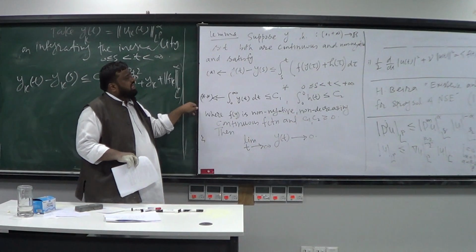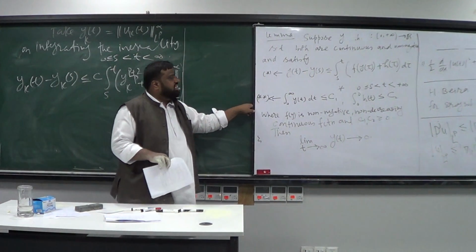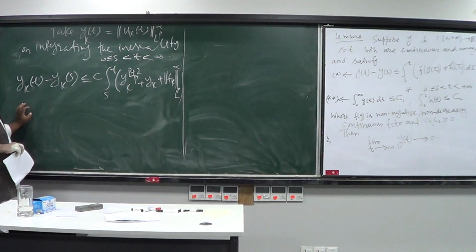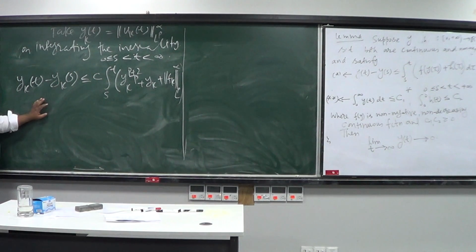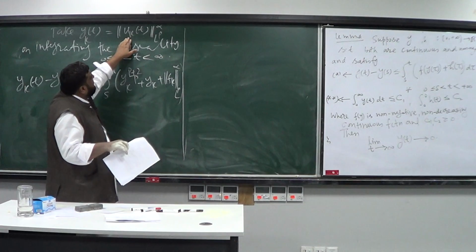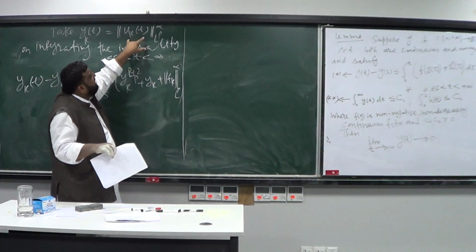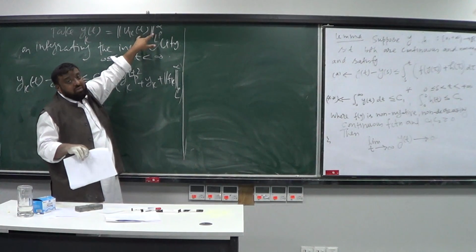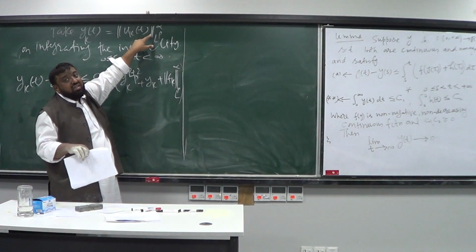Okay. And once you have this, what I would like to do is take the limit k goes to infinity. Once k goes to infinity, I want the LP norm of uk(t) power alpha to converge to the LP norm of u(t) power alpha.